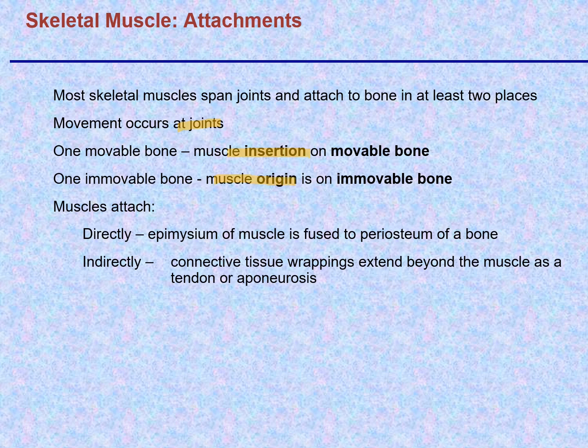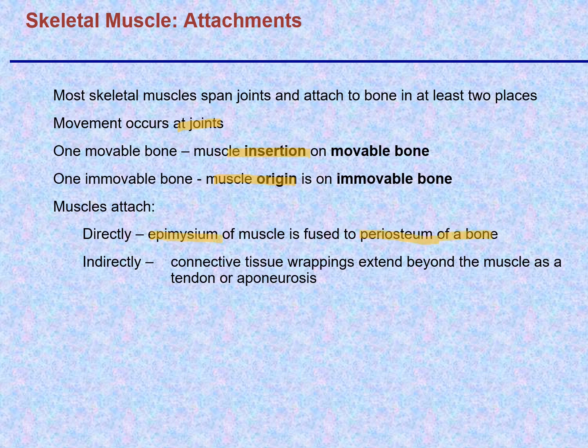So each muscle typically is attached at either end, across the joint, so that when it contracts it pulls on the bones in the lower arm, across on the other side of the joint, and that's the insertion, and its origin is on the immovable bone. They are attached directly through the fusion of the epimysium to the periosteum.